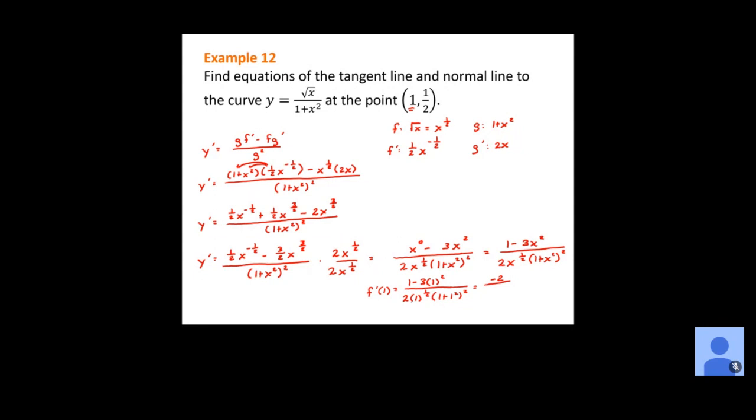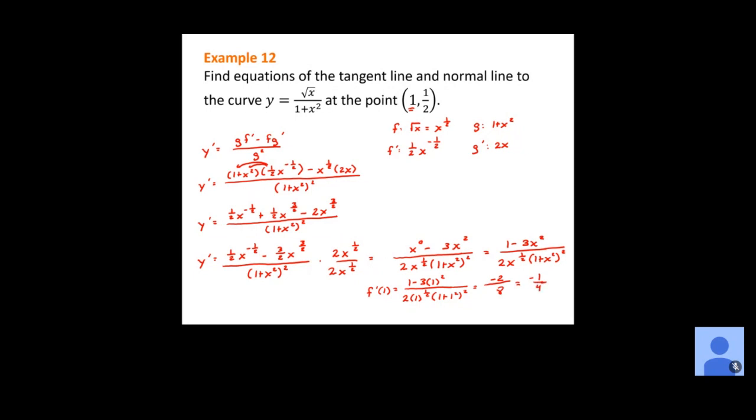Okay, so 2 squared is 4, but don't forget we're multiplying by the 2 out front here. So overall, the denominator becomes what? 8, right? So we're going to get negative 2 over 8. And what does that simplify to? Negative 1/4. Perfect.